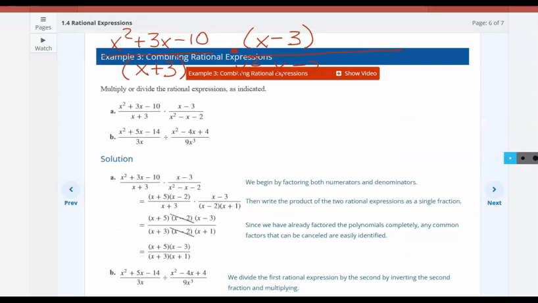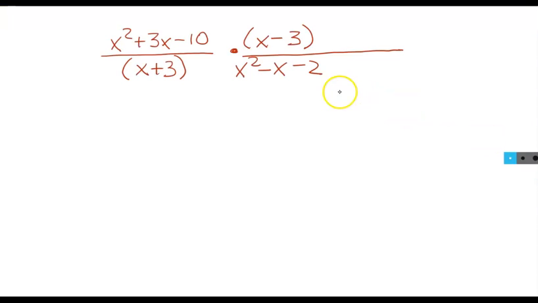All right, going on to example 3. We're going to look at item A here. And let's go to our whiteboard. Now we're multiplying. Again, we'll use some of those same techniques. We're going to factor this.